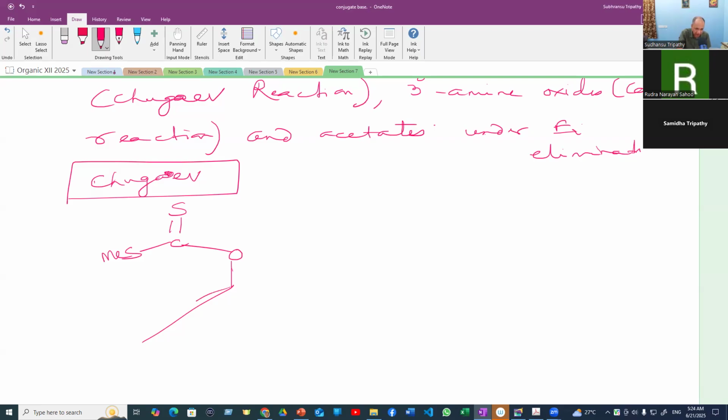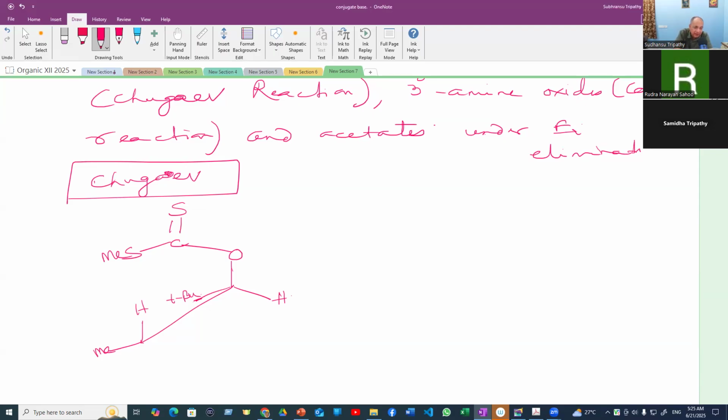We will take two chiral centers deliberately. Supposing I make it tert-butyl. Deliberately I'm taking t-butyl because there are two aspects, not only syn, but also Hofmann.